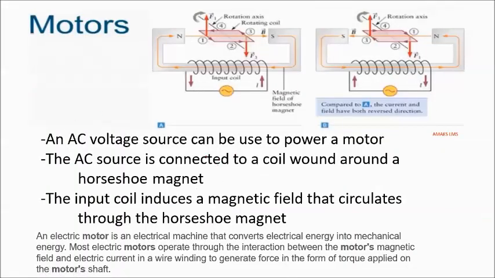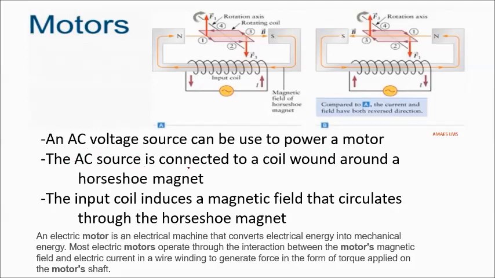So next is that we have to discuss the basic concept of motors. So a motor is an AC voltage source that can power a motor using AC voltage para mag-function.